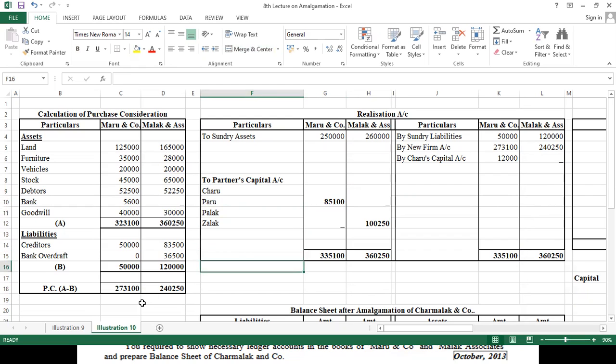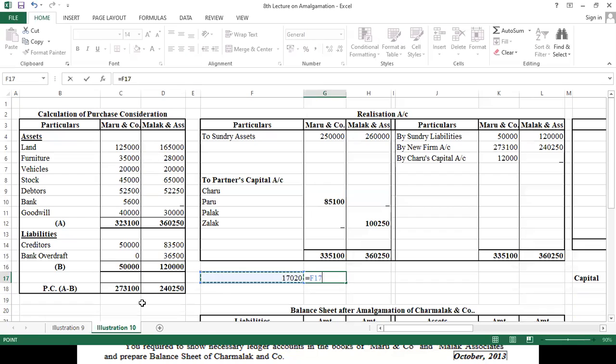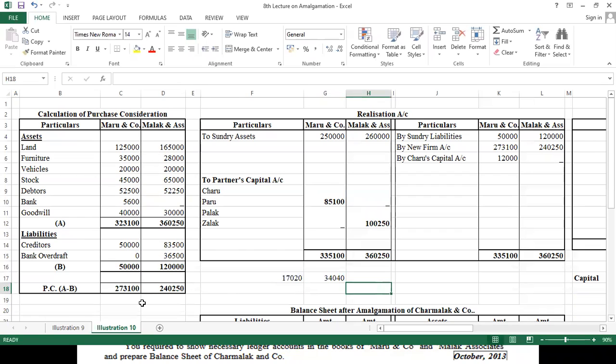Whereas Paru and Charu are partners in the ratio of 2:3. So this particular amount divided by 5. So I got for 1 unit 17,020. This multiplied by 2 I got the share of Charu, and this particular amount multiplied by 3 I got for Paru.